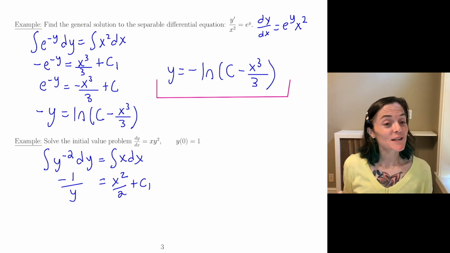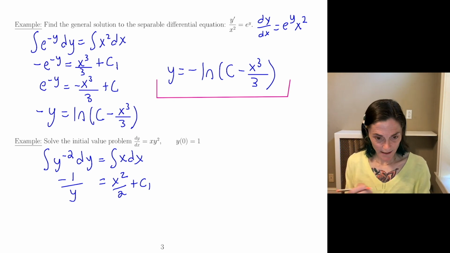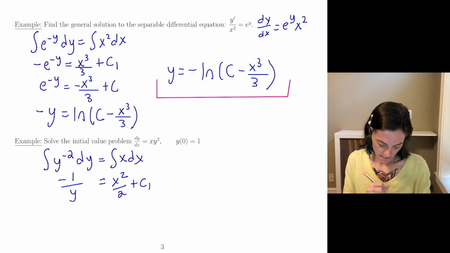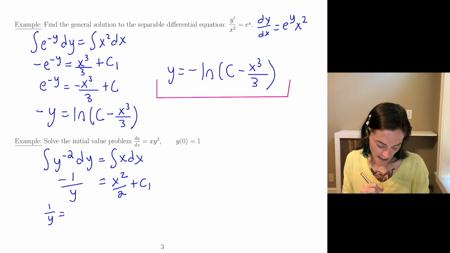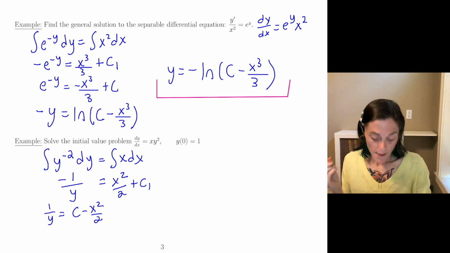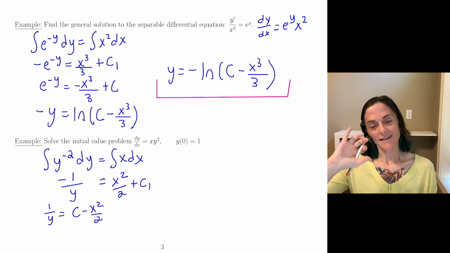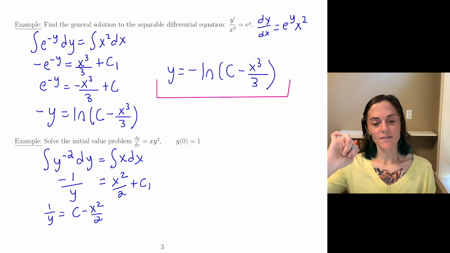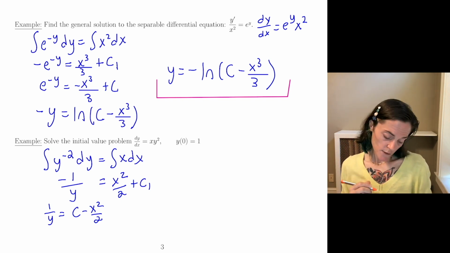Now it's kind of similar to the last in that first we multiply through by a minus sign. 1 over y will be, say, c minus x squared over 2. But then to solve for y itself, there's a few things you could do.